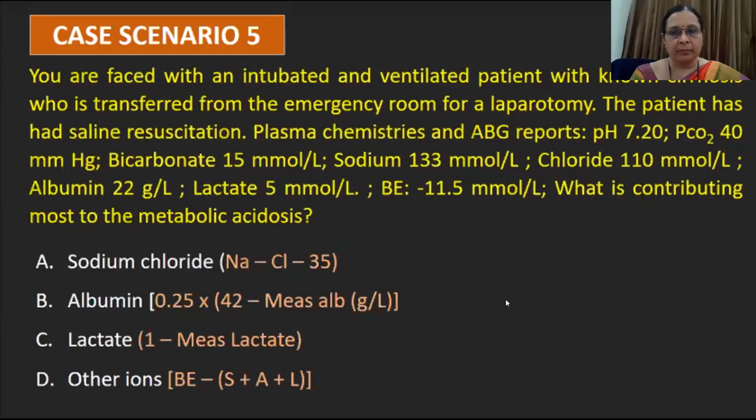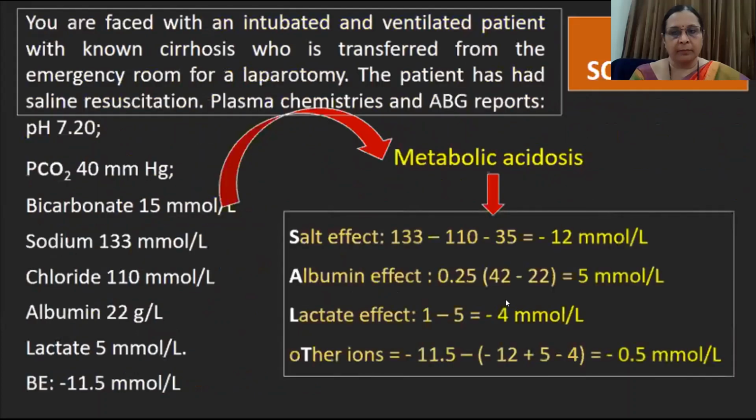So it comes to 0.25 into 20, which comes to 5. Lactate effect is 1 minus the lactate in millimoles per liter, which is 1 minus 5, which is minus 4. And other ions we'll calculate by base excess minus S plus A plus L, which is minus 11.5 minus minus 12 plus 5 minus 4, which comes to minus 11.5 plus 11, which is minus 0.5.